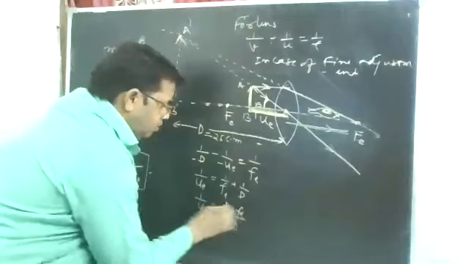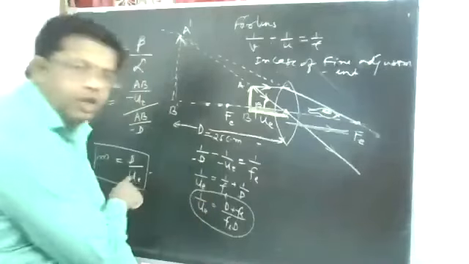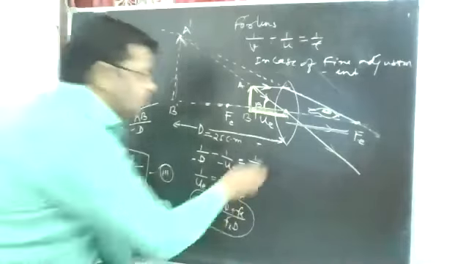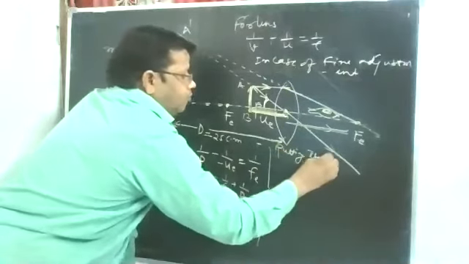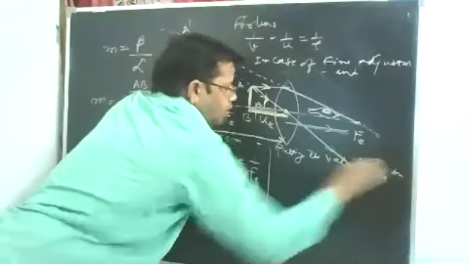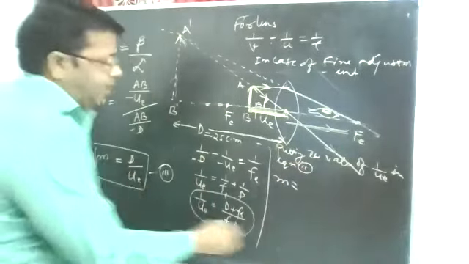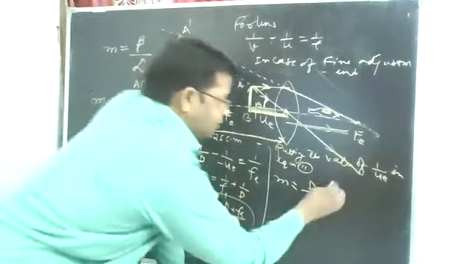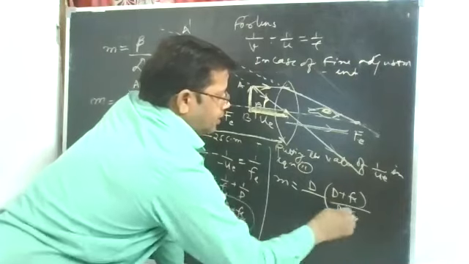So see here, put this value of 1 by u_e in equation third. Our magnification is equal to D by u_e, and in place of 1 by u_e, which is in the denominator, we can write D plus f_e by D f_e. The D's cancel out.